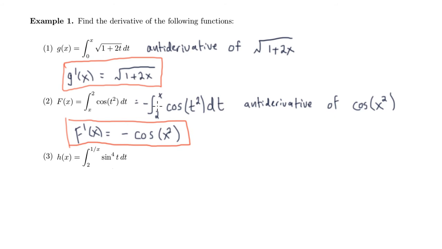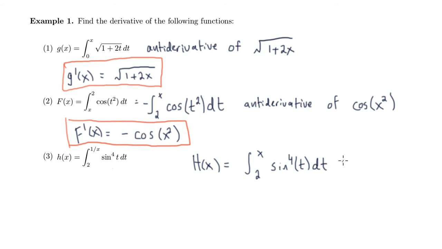Okay, so what I'm going to do is I'm actually going to define what I'll call capital H of x. And capital H of x, I'm going to say is just 2 to x, the definite integral, sine to the fourth t dt.